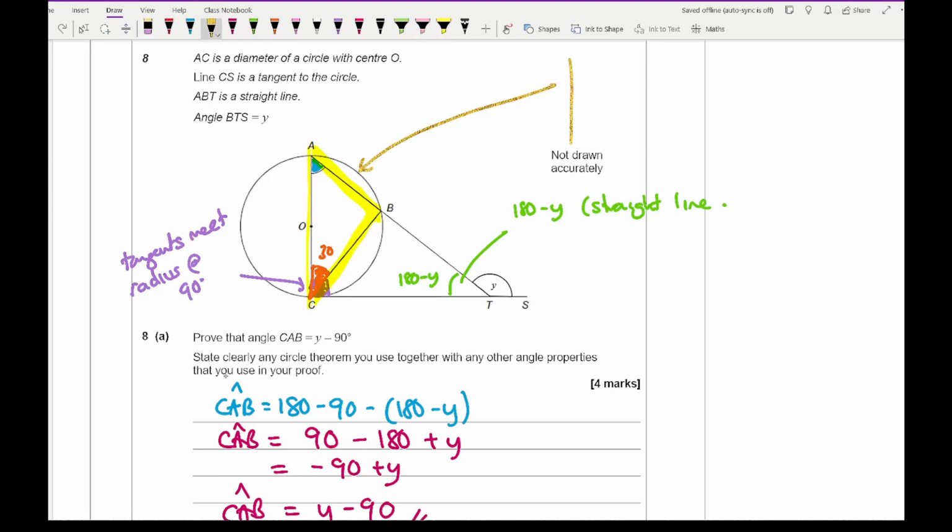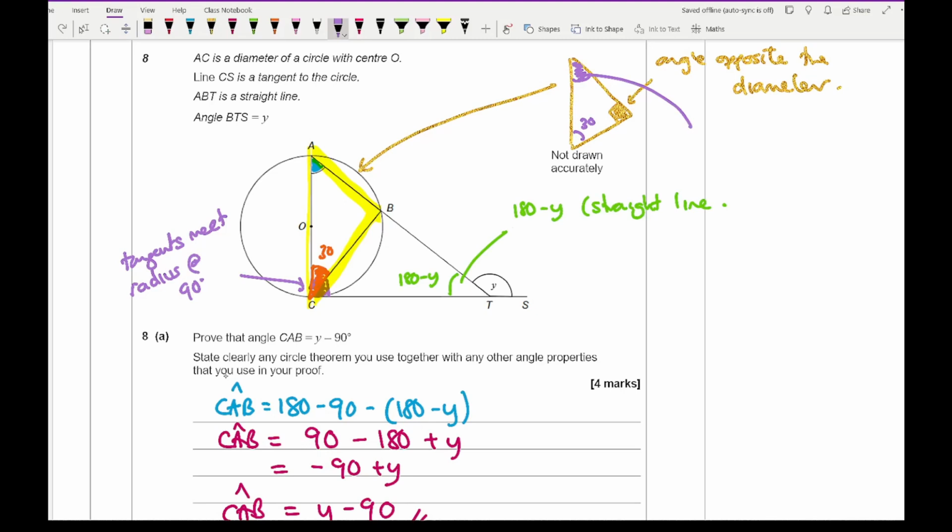And let me just do a little sketch of that. This angle here is 90 degrees because it's the angle opposite the diameter, in terms of the semicircle circle theorem. I know that this angle here is 30, so I can then work out what this angle here is going to be.